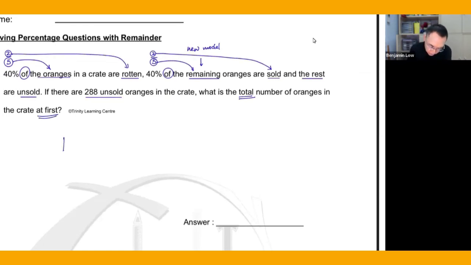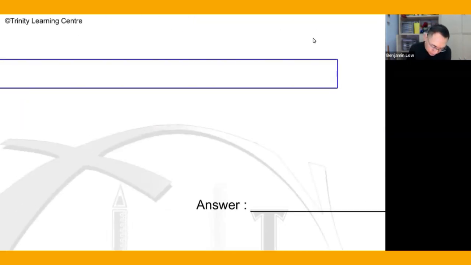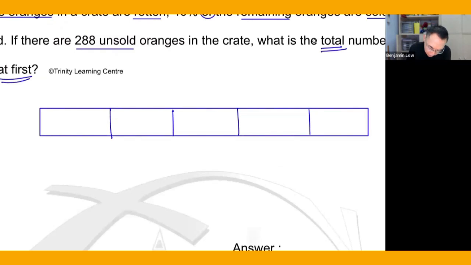Very simple. Draw a model of 5. And this model of 5 comes from the 5 here. So we cut this into 5. 1, 2, 3. Okay, I need to respace this. So 1, 2, 3, 4, 5. Out of this 5, I have 2 that are rotten, and 5 is the total.